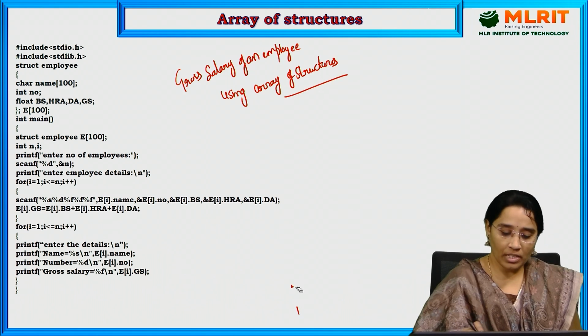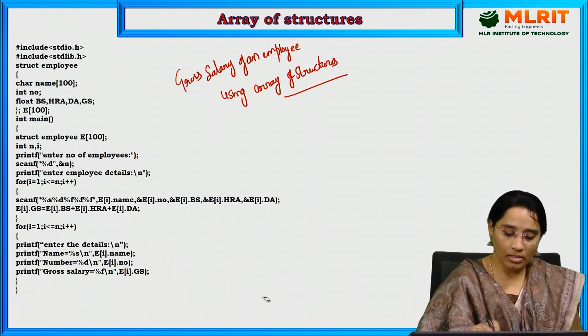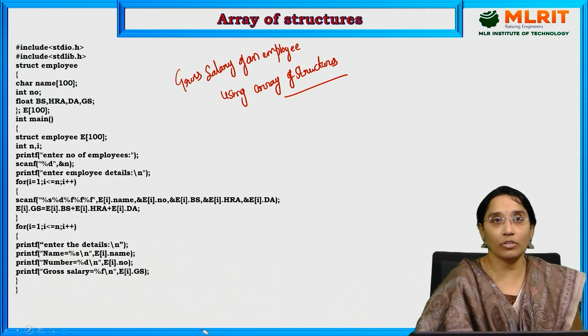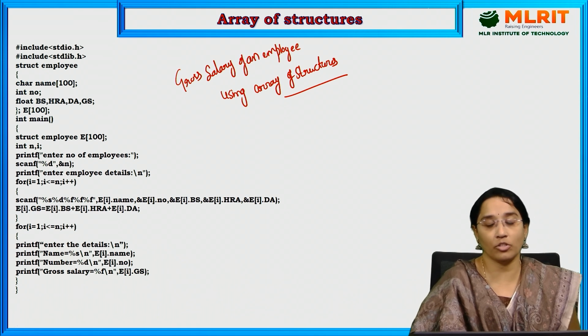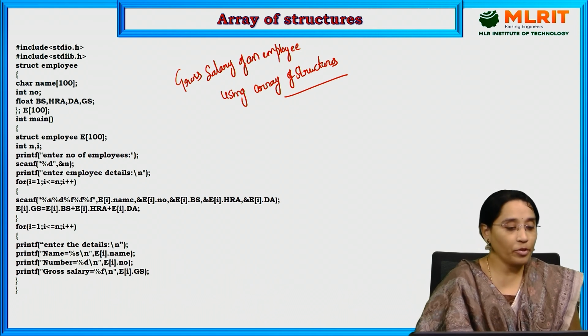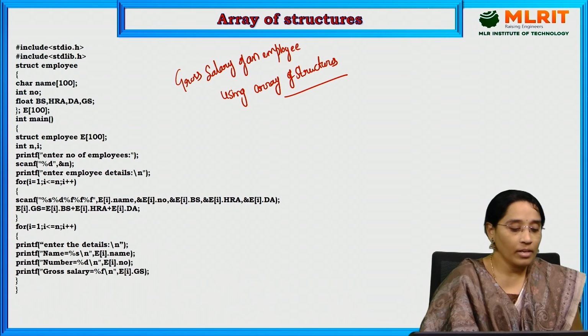In the previous case we have seen array of structures, and an example also we have discussed. Suppose I want to store 3 students' data: instead of writing E1, E2, E3, you can directly go for array of structures. This sample program is for calculating the gross salary of an employee. It's very easy if you understand the concept of arrays and how to use arrays in structures.